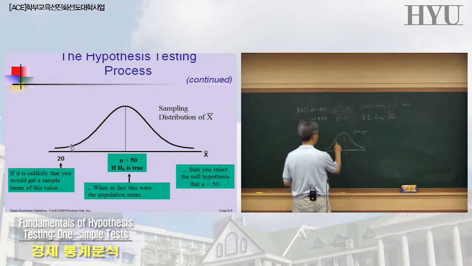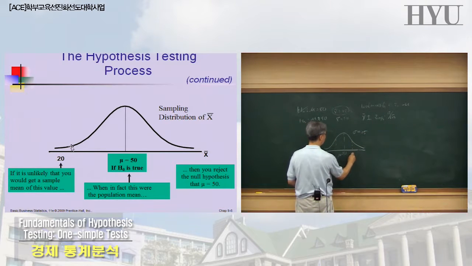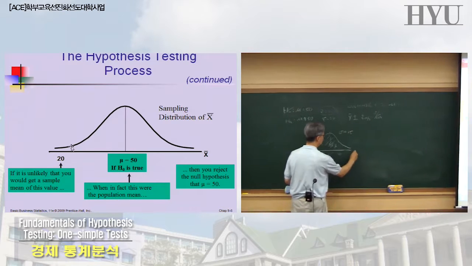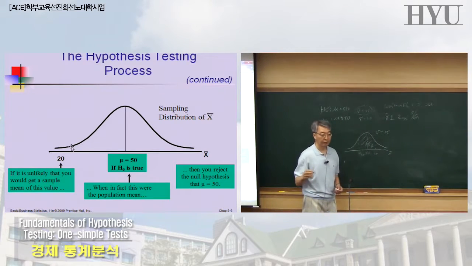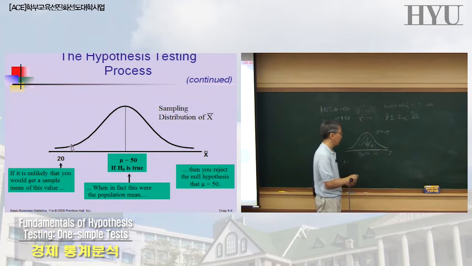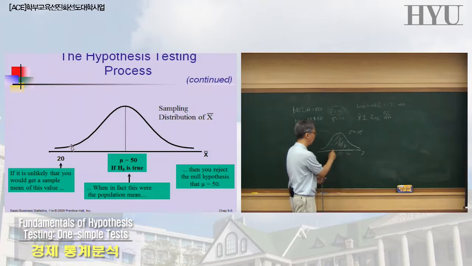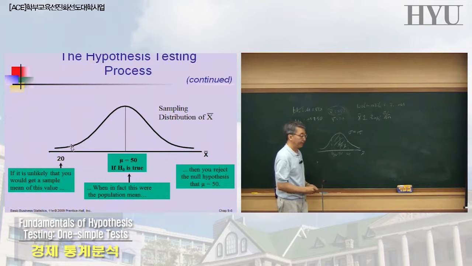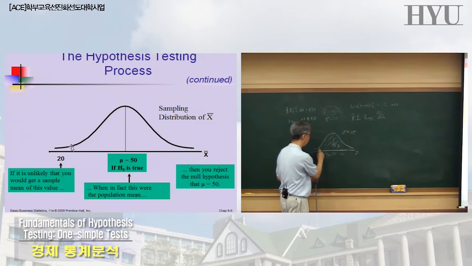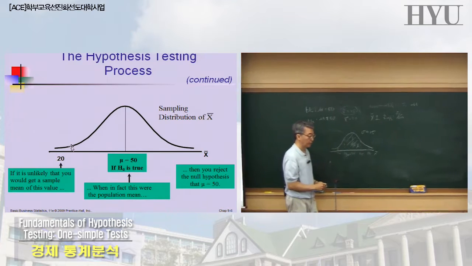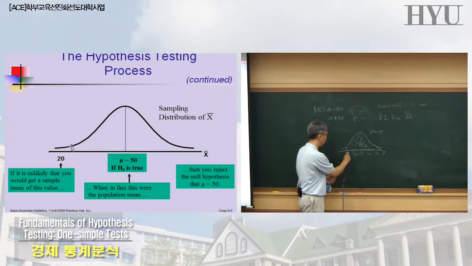Then within 1 standard deviation, which is 65 and 35, we're going to find about 68% of the sample means. That means if you take the sample 100 times, then 68 times your sample mean will be between 35 and 65. And if you take the sample 100 times, 95 times out of 100 it will be between 80 and 20. So that 20 is so far away.